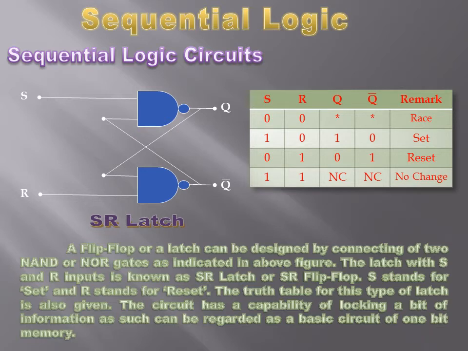When the outputs Q and Q naught cannot be determined, this condition is known as the race round condition, a condition where the outputs Q and Q naught are not stable.